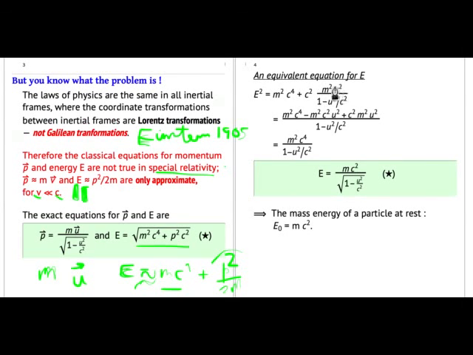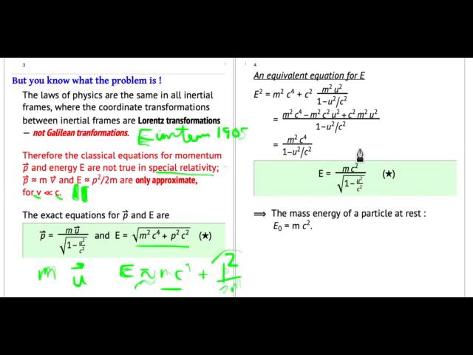And then finally I have this term, which is already over that denominator, c squared m squared u squared. Well, see, these two terms cancel. So all I'm left with is m squared c to the fourth over 1 minus u squared over c squared. That's E squared. Take the square root. E is mc squared over the square root of 1 minus u squared over c squared.